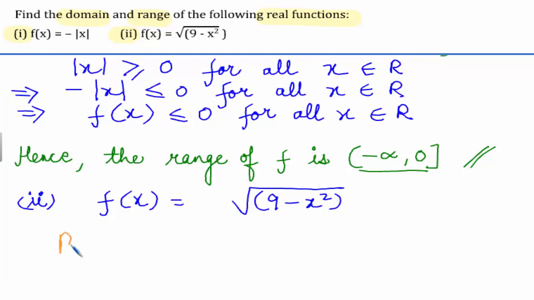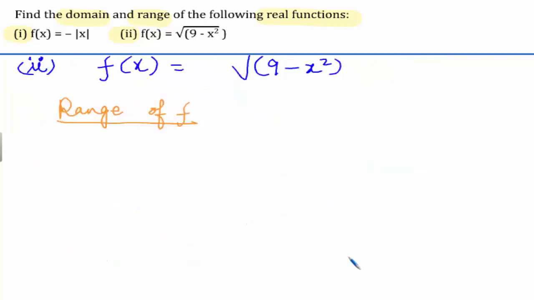First we have to find the range of this function. Now, f(x) is given as root over 9 minus x square. This means that 9 minus x square is always greater than or equal to 0.